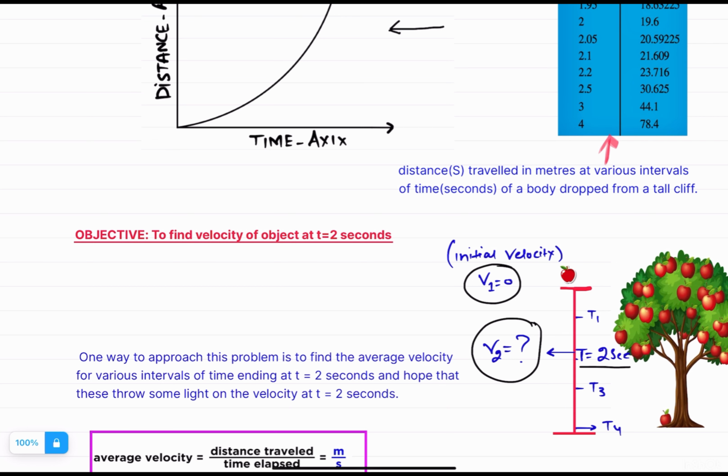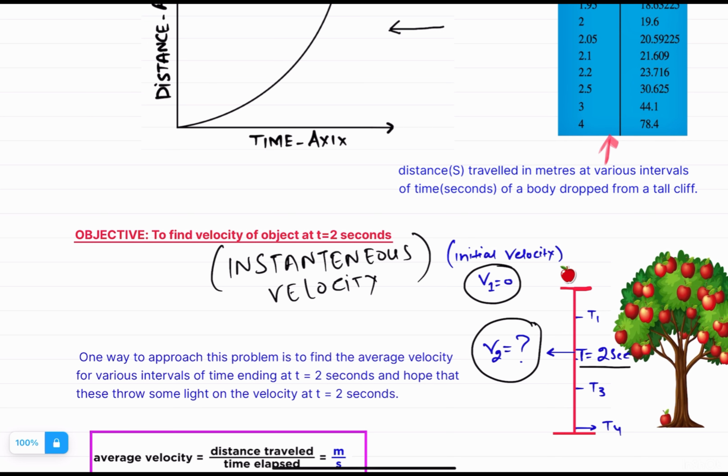If we wanted to find the velocity at 2 seconds, for a common man, we can say he wanted to find the instantaneous velocity, the velocity at one point.